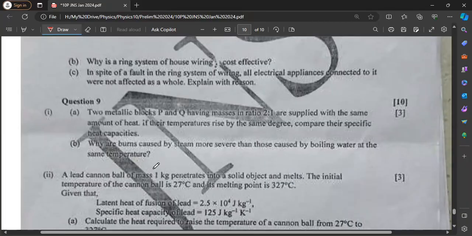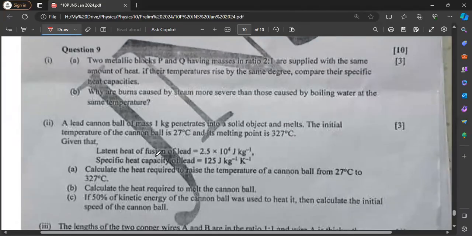So all those things are the reasons why cost is reduced. In spite of a fault in the ring system of wiring, all electrical appliances connected to it are not affected as a whole because they are connected in parallel. So because they are connected in parallel, if one stops working, the other will continue to work.